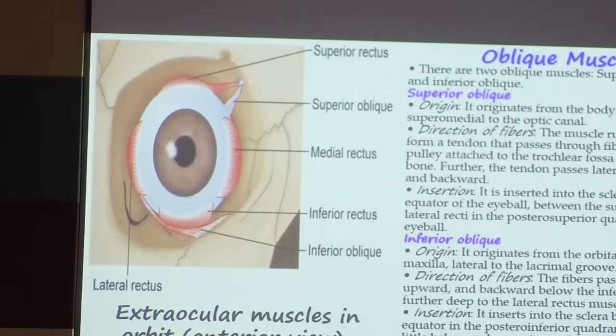Here lies the pulley. Okay, this is looping around this pulley, trochlear fossa of the frontal bone, and further the tendon passes laterally, downward and backward, inserted into the sclera behind the equator of the eyeball.